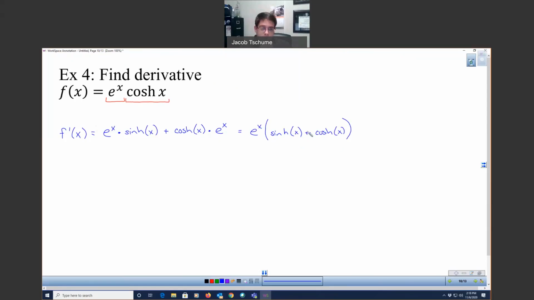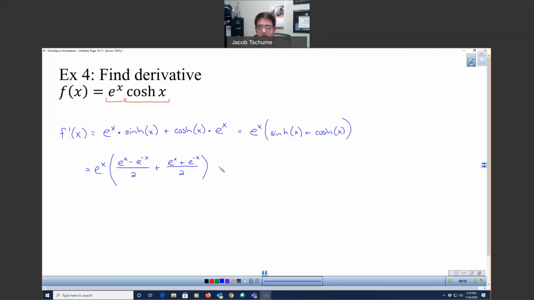We know what both of those are equal to. We have to go back to our definitions of hyperbolic trig functions and plug those in. So this is e to the x times hyperbolic sine, which is e to the x minus e to the negative x divided by 2, plus hyperbolic cosine, which is e to the x plus e to the negative x divided by 2.